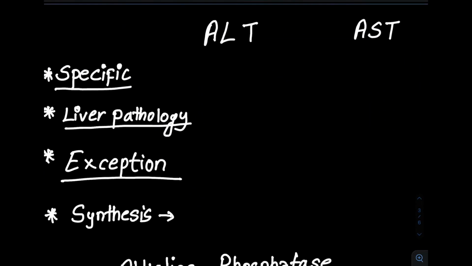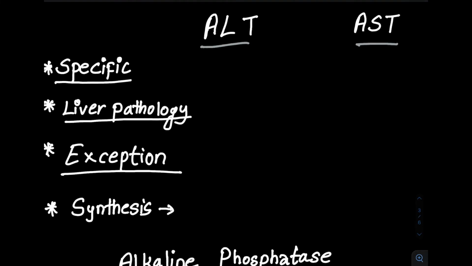When we talk about alanine aminotransferase and aspartate aminotransferase, the first question that pops in our mind is which is more specific, that is important for academic purpose as well as for the clinical purpose. The answer lies in the site of synthesis.